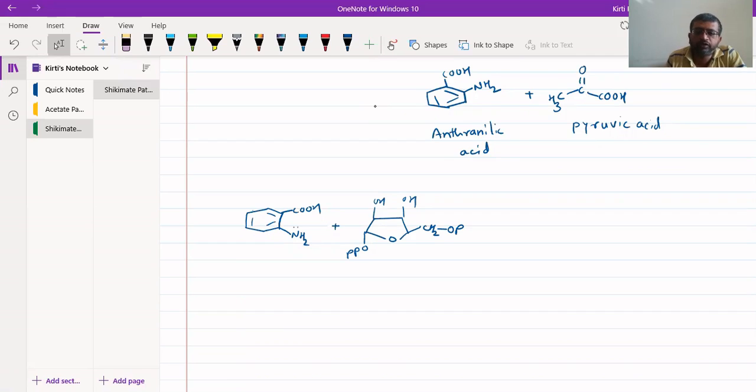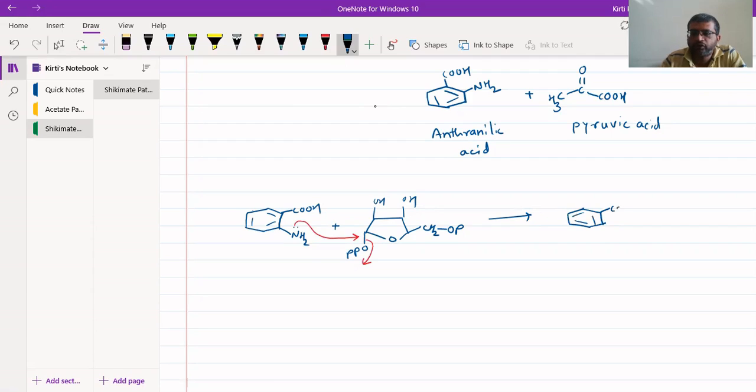Here the lone pair of electrons on the anthranilic acid amine nitrogen will be attacking this carbon, and with the loss of the pyrophosphate group, we will get this aromatic group.